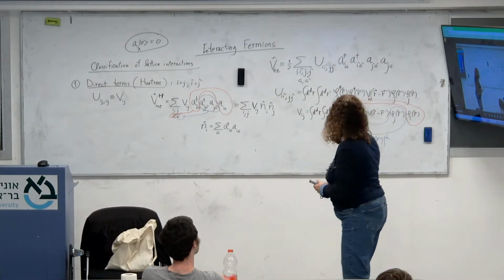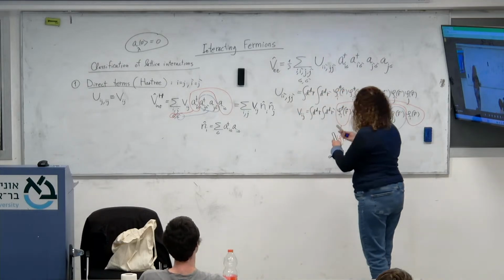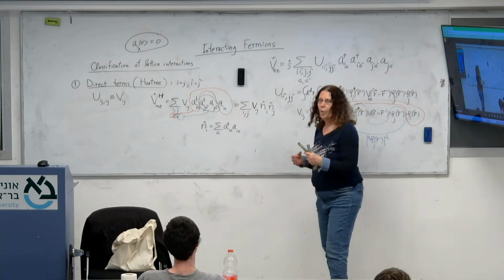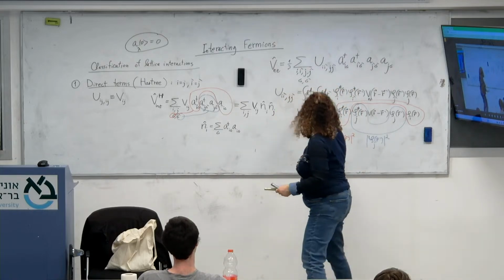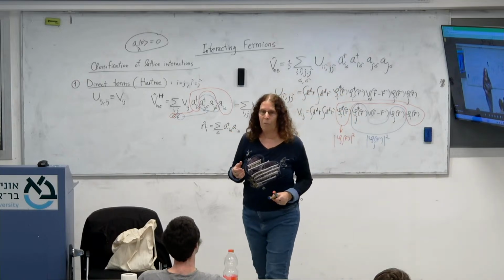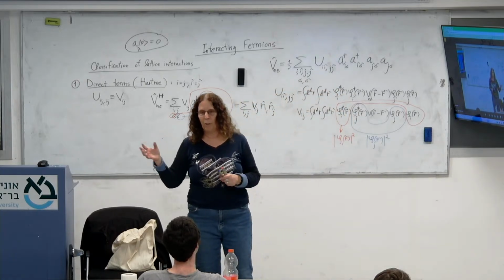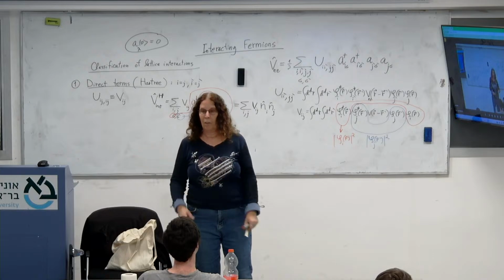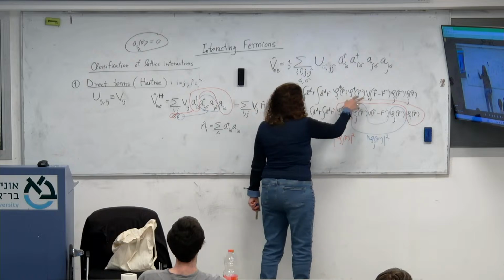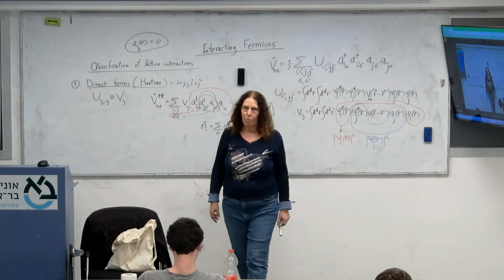So this expression in general is converting the interaction in the form of a double integral over r and r prime of rho of r, rho of r prime, V of r minus r prime, to lattice, okay?